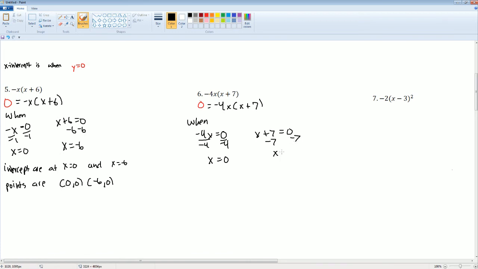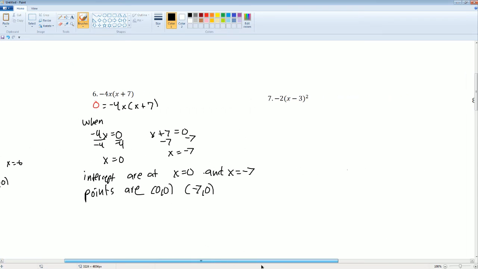Subtract 7, x equals negative 7. So the intercepts are at x equals 0 and x equals negative 7. The points are 0, comma 0 and negative 7, comma 0.